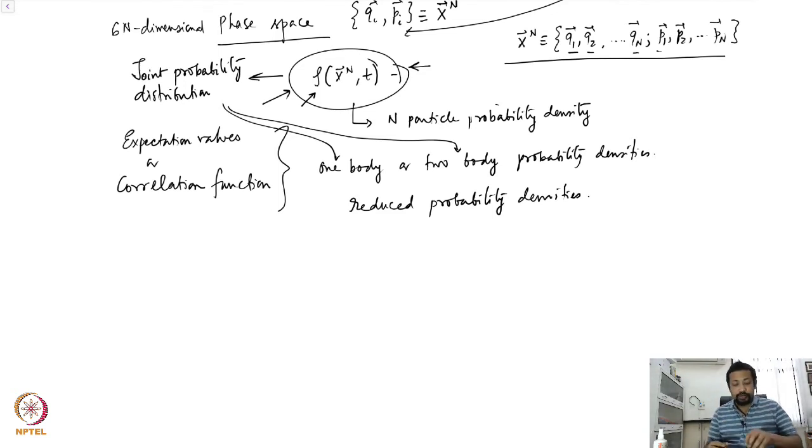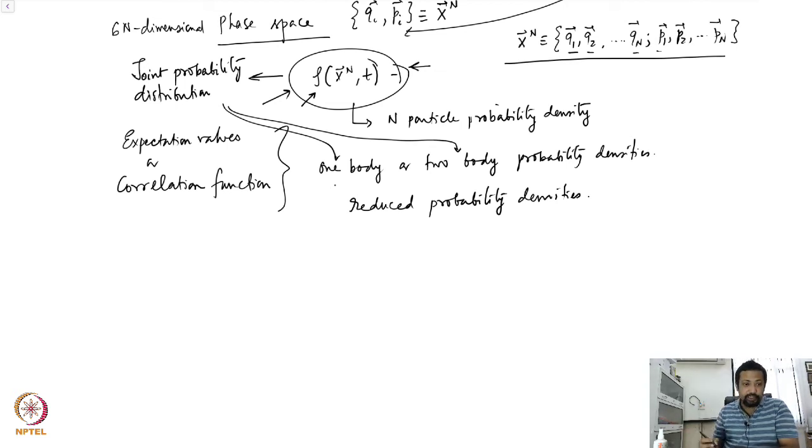So essentially, one breaks down this problem into one body or two body probability densities. There is a hierarchy of probability densities: one particle density, two particle density, three particle densities, and so on. You take the dynamical equation for rho of x_N comma t, and then break it down into several dynamical equations that involve one particle, two particle, three particle reduced probability densities.